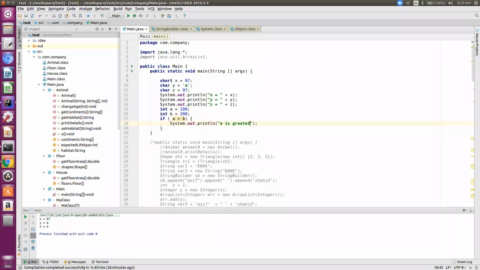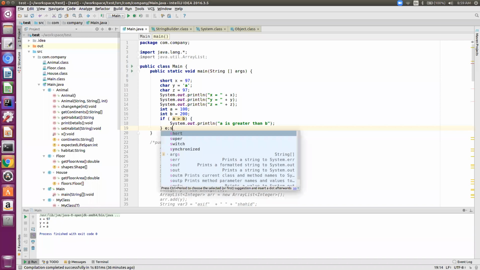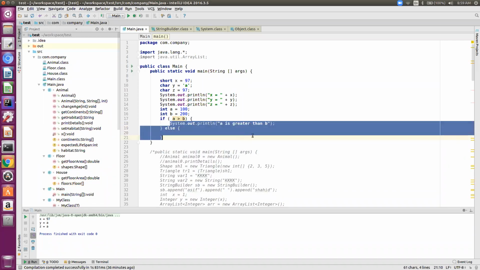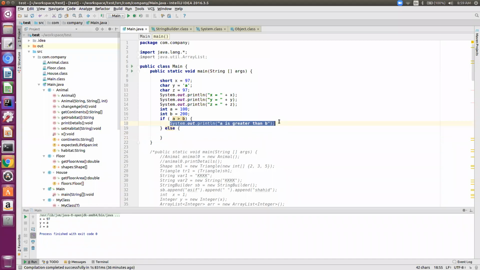This is what I am doing right now, that is my trivial code to execute. Else, b is greater than a.